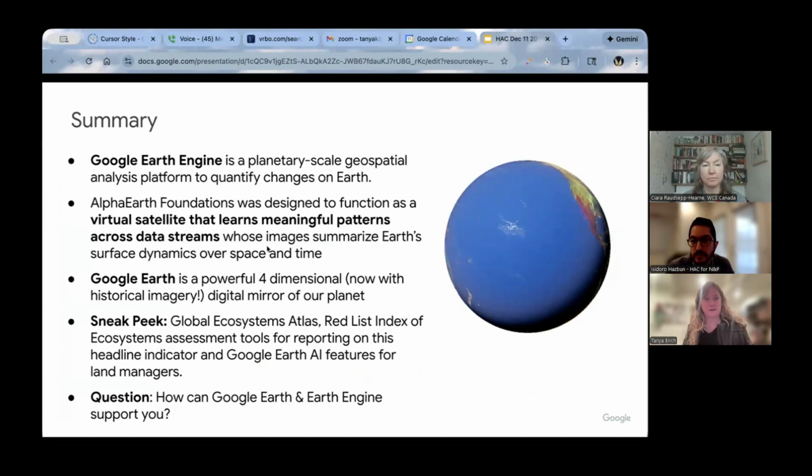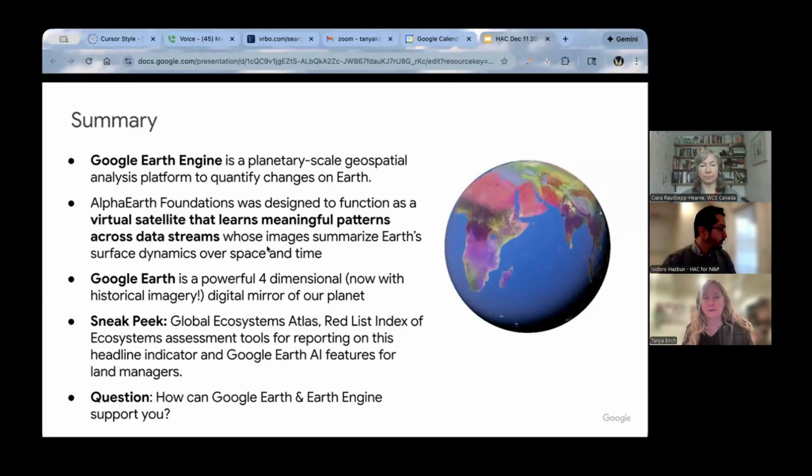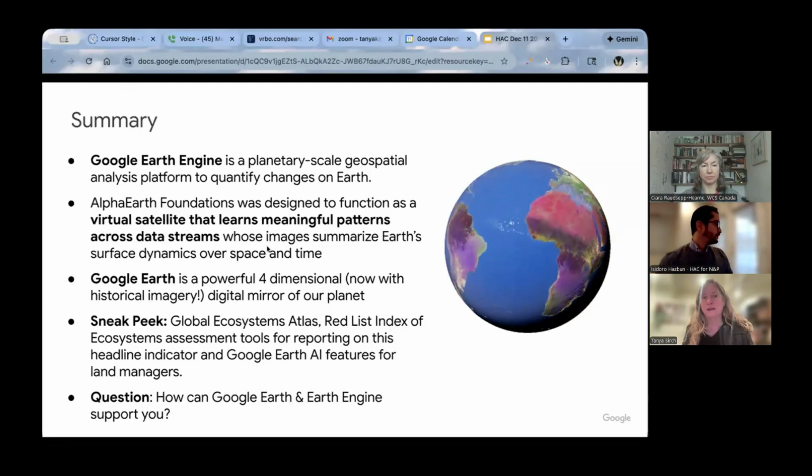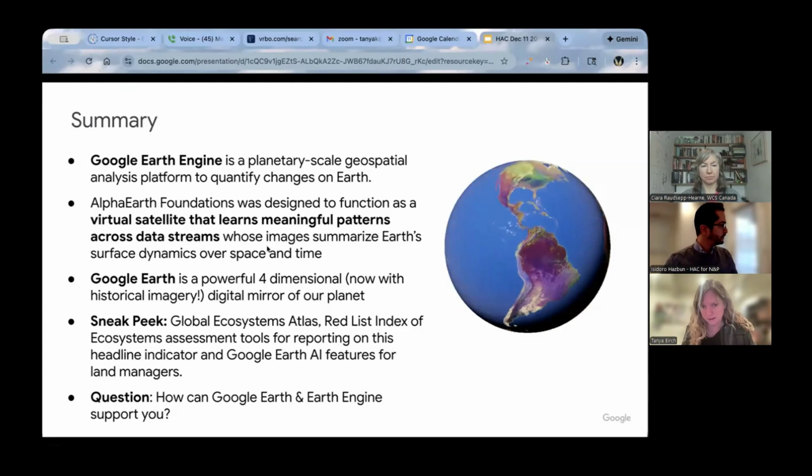Google Earth, everybody's familiar with Google Earth, right? But we're investing a lot more into how to really make it useful for things like protection and conservation of the planet. And then this sneak peek around the Global Ecosystems Atlas, which we're investing in and supporting.